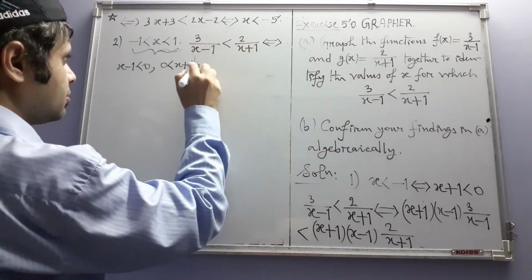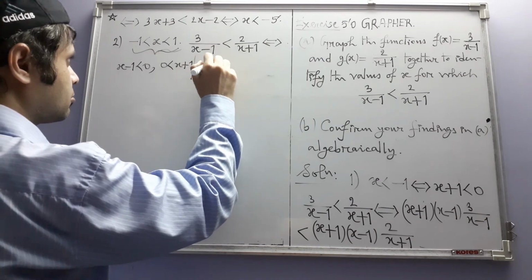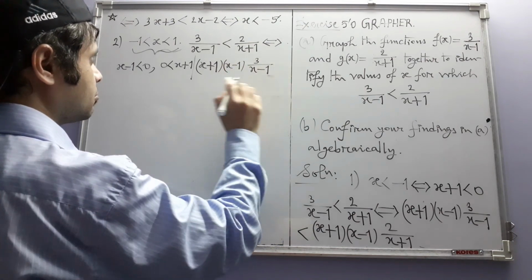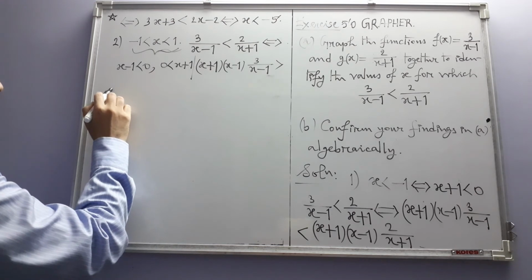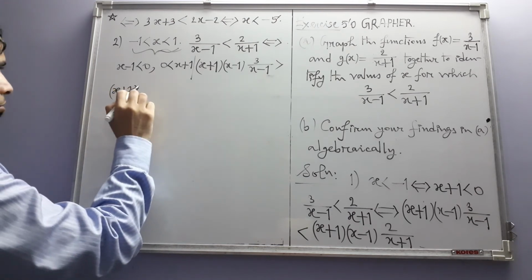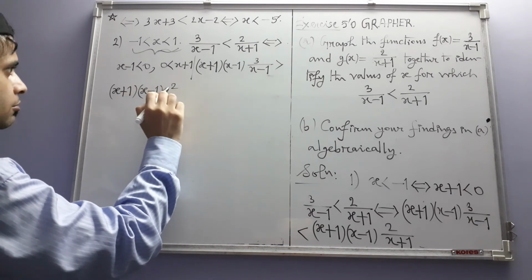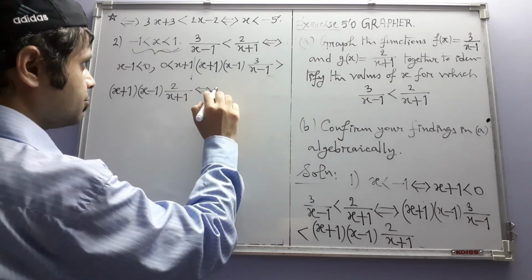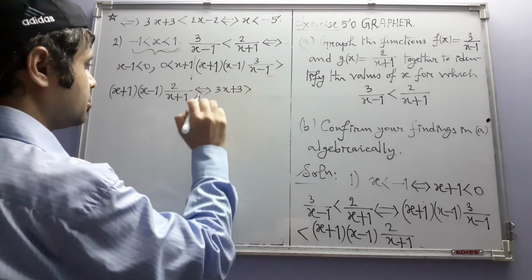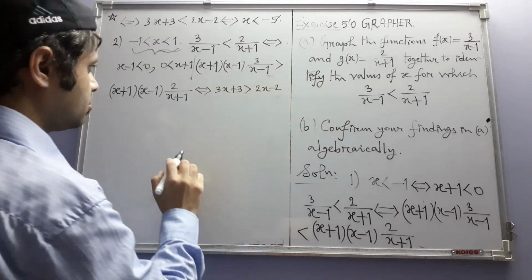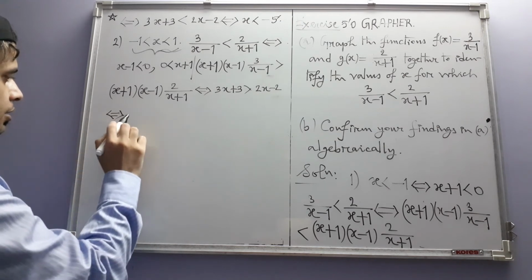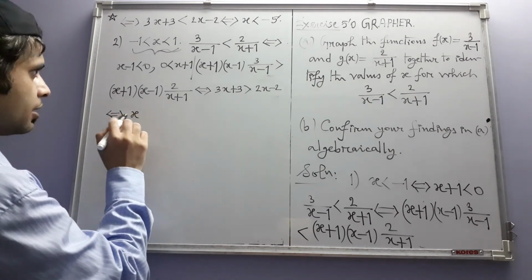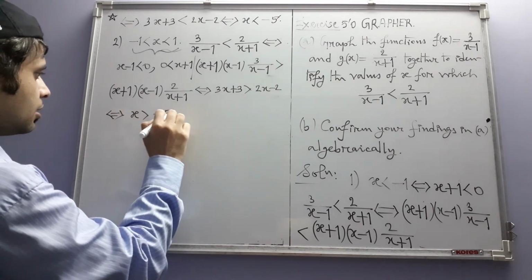So if and only if this is greater than this, if and only if 3x plus 3 is greater than 2x minus 2, if and only if 3x minus 2x, which is x, is greater than minus 5.